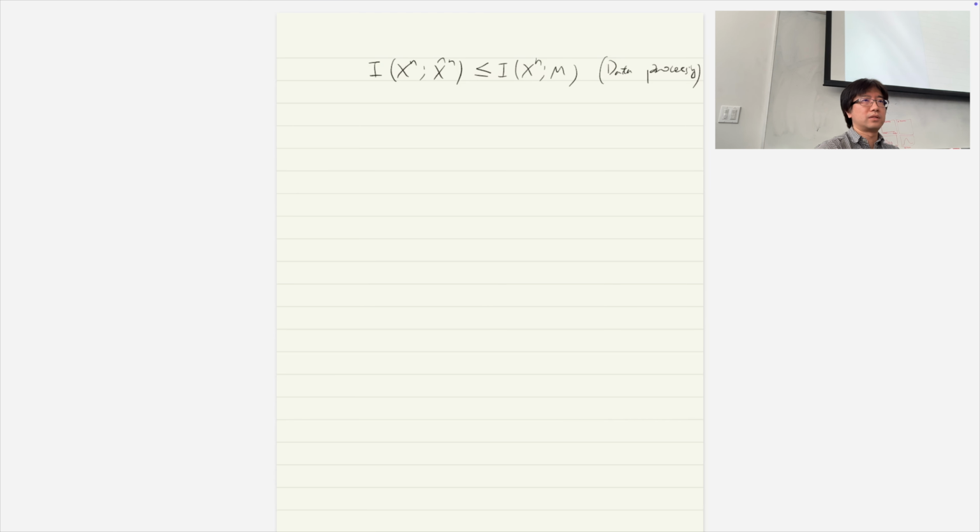Okay? Data processing inequality. Right? And then we can expand it in whatever way you want. So if one way doesn't work, you just try it the other way. So this is less than or equal to... Yeah, probably this way is not going to work.